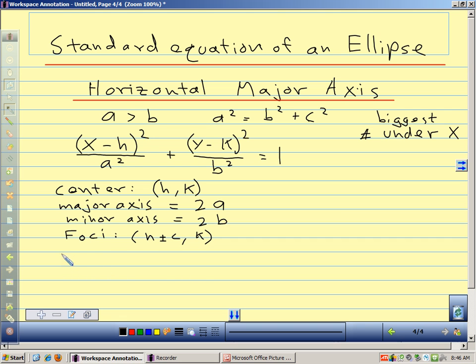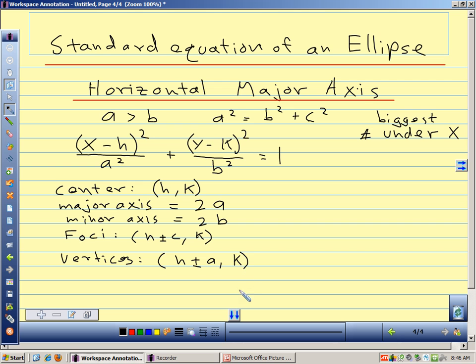The vertices: we go from the center over a units to the right and a units to the left. We just move the distance a from the center to get to our vertices. So that's h plus or minus a. We're just moving to the right and left from our center, a units.